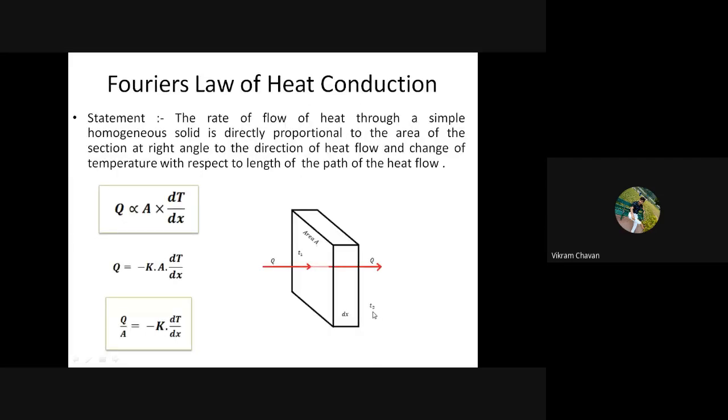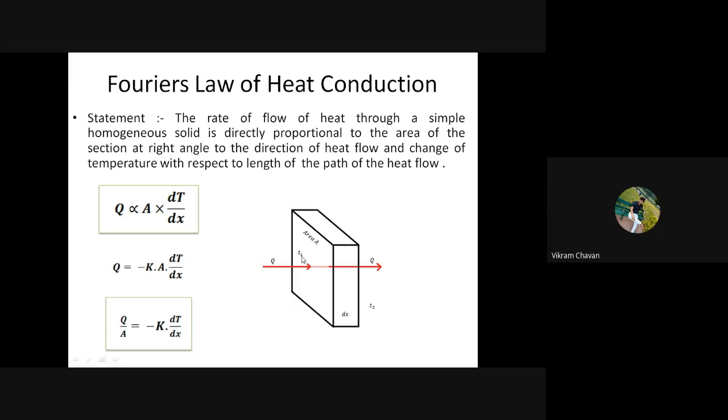Whether it is visible or not, you can zoom in and see the diagram. So the front side surface is maintained at T1, whereas the back side surface is maintained at T2, and this particular surface has surface area capital A.